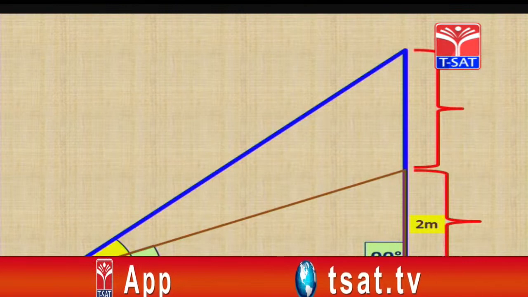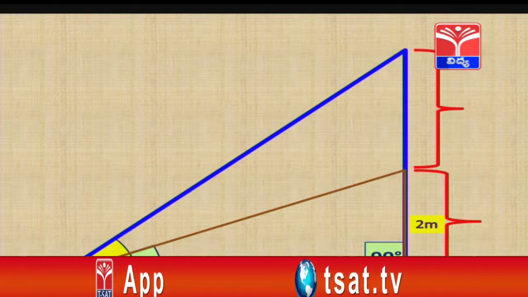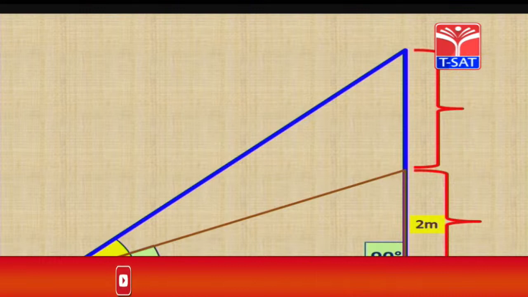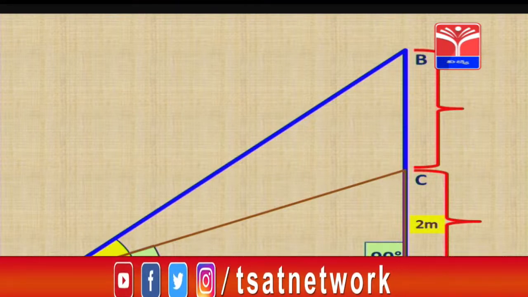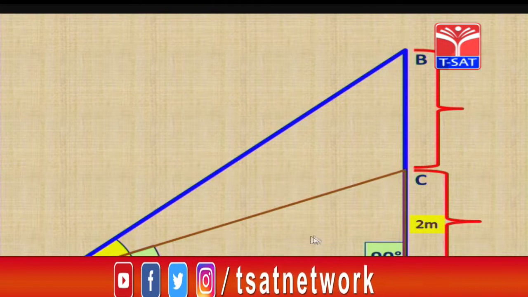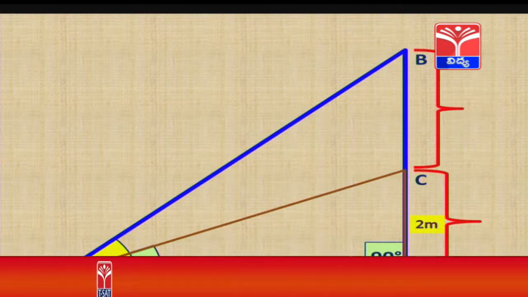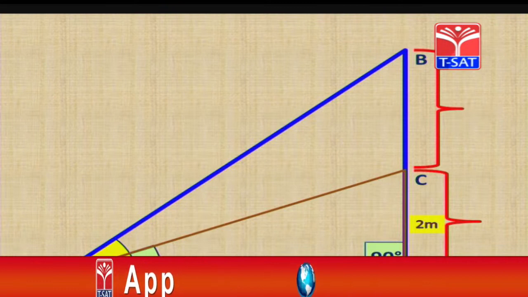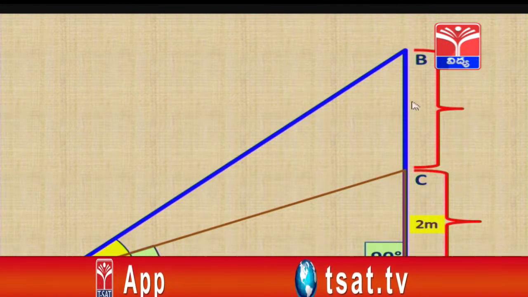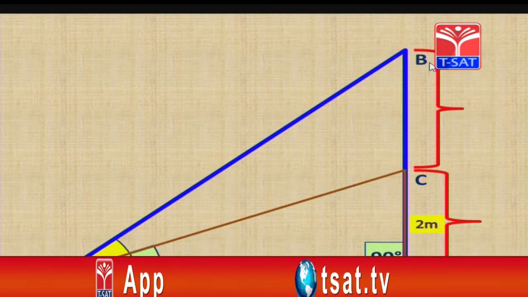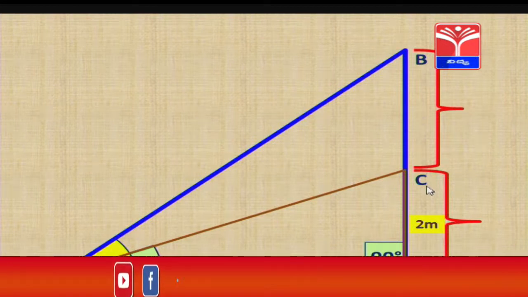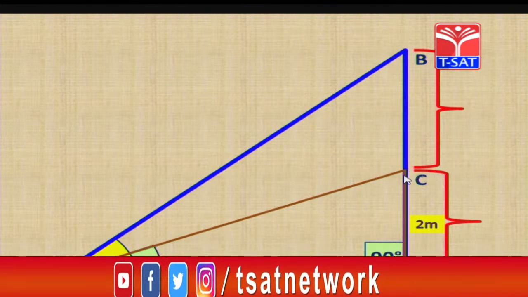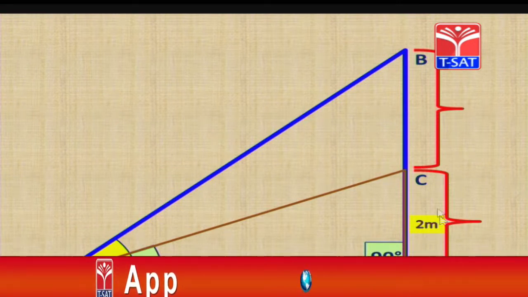Now, I have to give names to the points, or you can say vertices, of those 2 triangles. Let me say here the point of observation I will call O, and this point I will call the foot of the complete statue, let me say A, and this is the top of the statue B, and this point, which is called the top of the pedestal, I will call C. So, you can say AB, AC, BC.